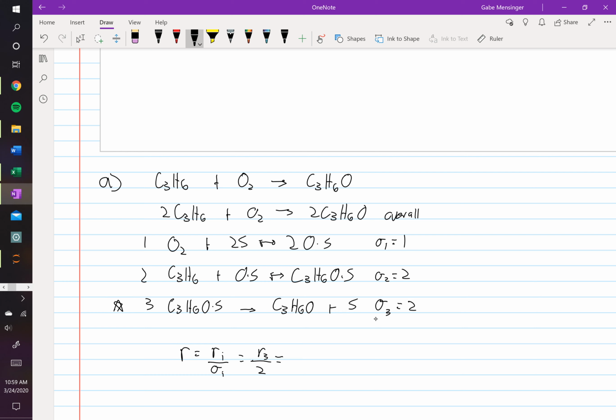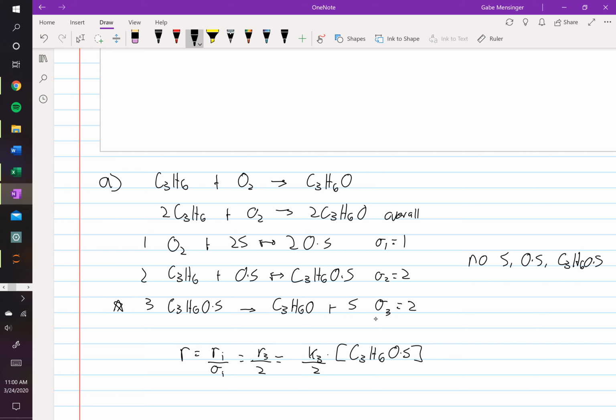And we can rewrite that in terms of what we have. So we have K3 over 2 times the concentration of the species. And in doing these rate expressions, we know that we cannot leave any of our catalyst terms in the final rate expression. So we can have no S, or the surface species, in the final rate expression.